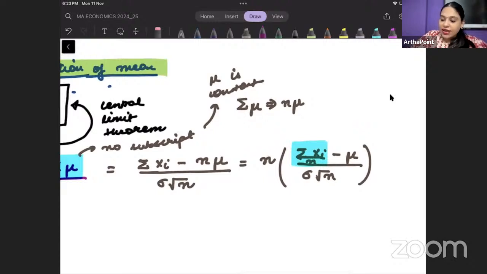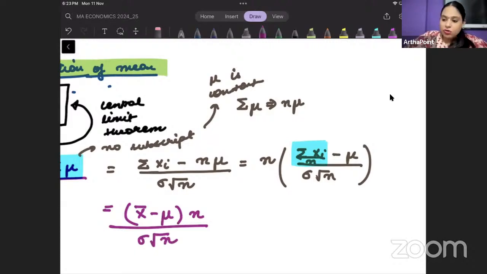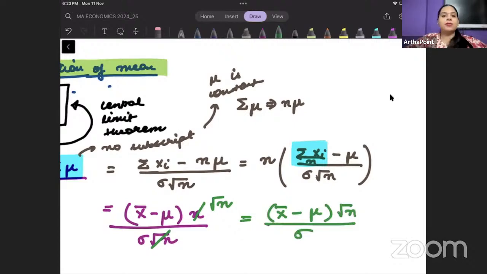So here I am going to get mean of x minus mu, and into n upon sigma root n. Now let's cancel this out. So n and this will cancel and I will have root n in the numerator. अब देखो, what am I getting finally? X bar minus mu root n by sigma.